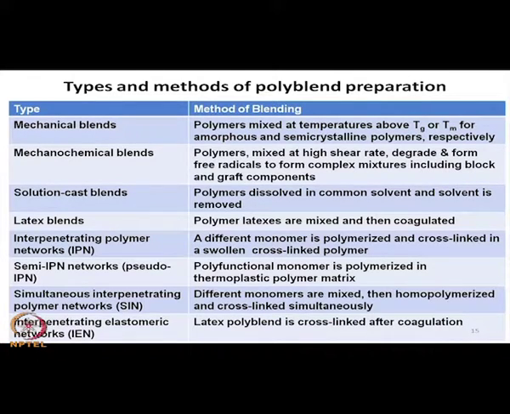Those free radicals interact with each other to form a new product, and that can be a kind of graft polymer produced by mechanochemical blending, or that can be a complex mixture of block and graft components.